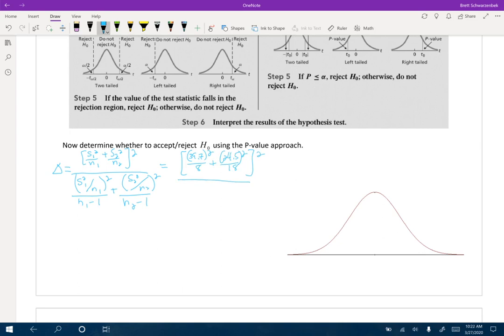Then on the denominator, we're going to get 39.7 squared over 8 all squared divided by 8 minus 1. And over here, we're going to get 24.5 squared over 18 quantity squared divided by 18 minus 1.